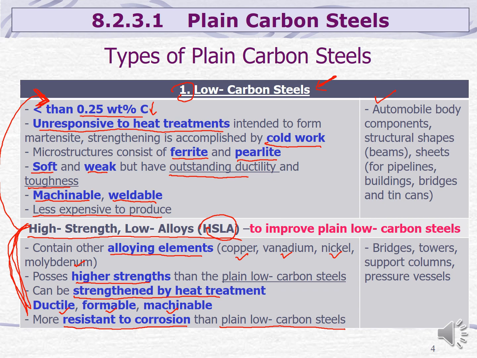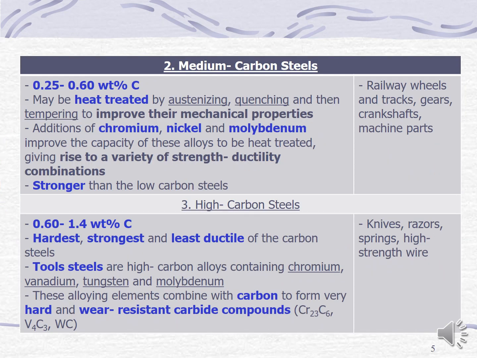Okay, next we have the medium carbon steel. It consists of 0.25 until 0.60% carbon. It may be heat treated by several heat treatment processes, for example, austenitizing, quenching, and also tempering, in order to improve the mechanical properties.